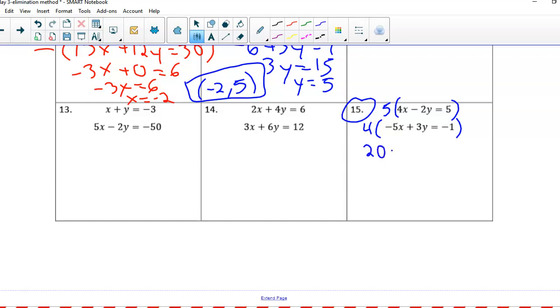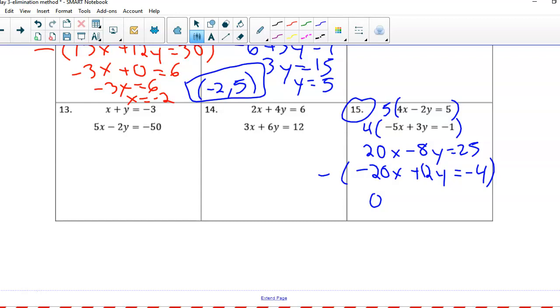So 20x minus 8y equals 25. Negative 20x plus 12y equals negative 4. What's the next step? Subtract the entire equation. 20 minus negative 20 gives us 0.